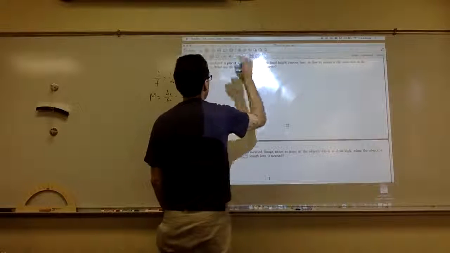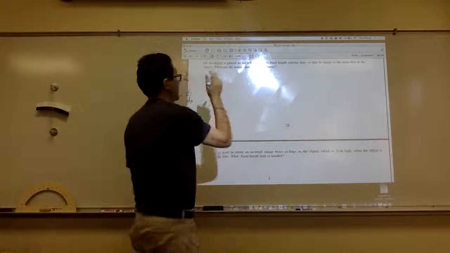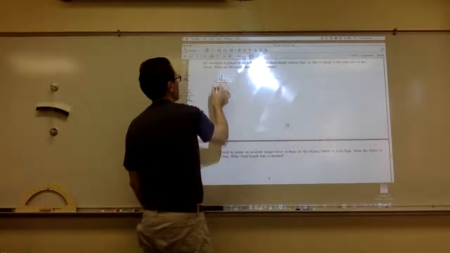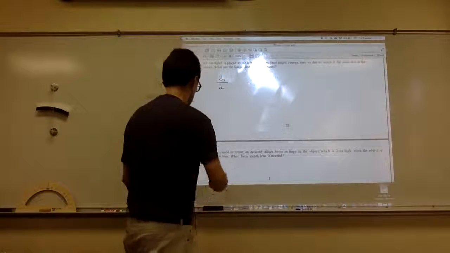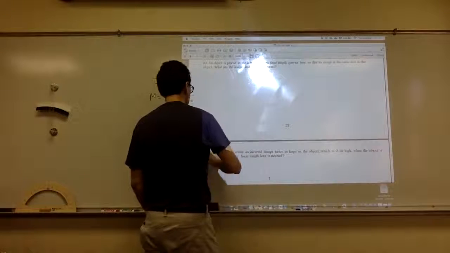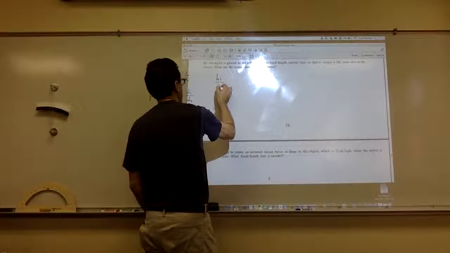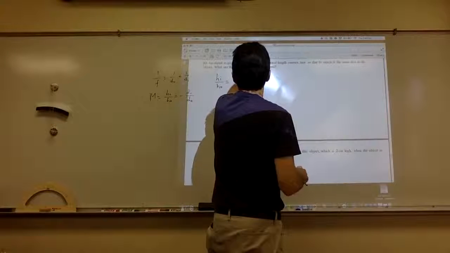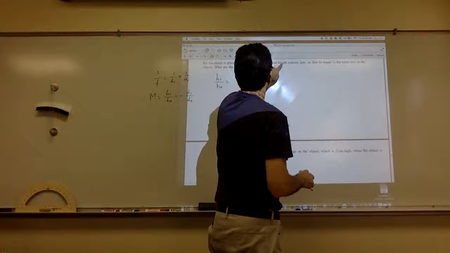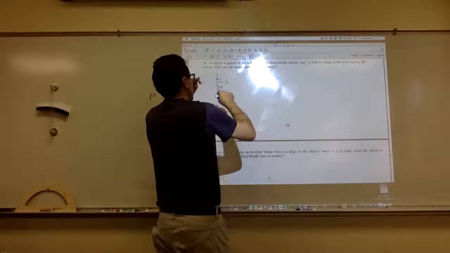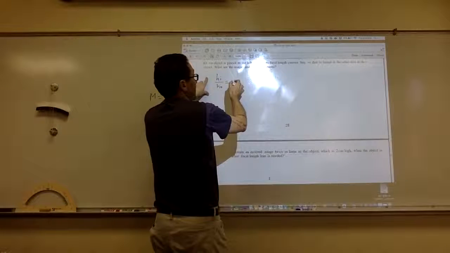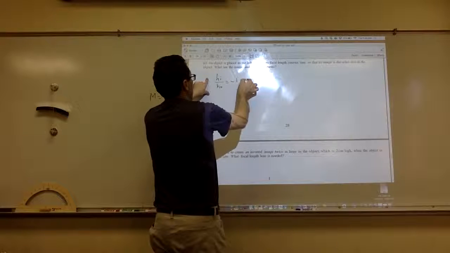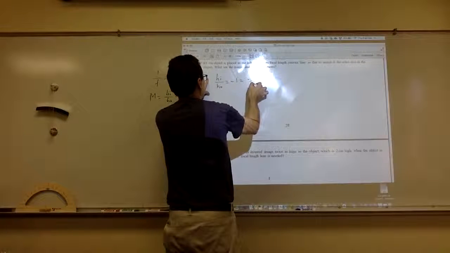Okay, so if it's to the left, this is going to be flipped. Actually, I can do it with hi. I can say hi over ho. Since we are to the left of the focal point, this is going to be a flipped image, so this is going to be negative. Okay, so this is going to be -1. And that's going to be negative di over do.